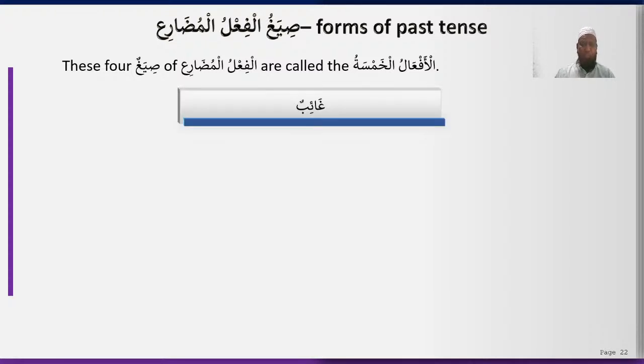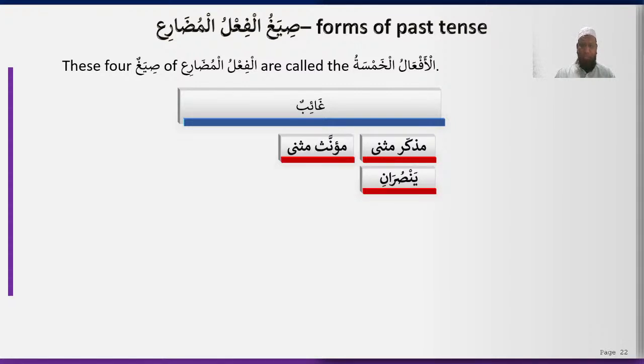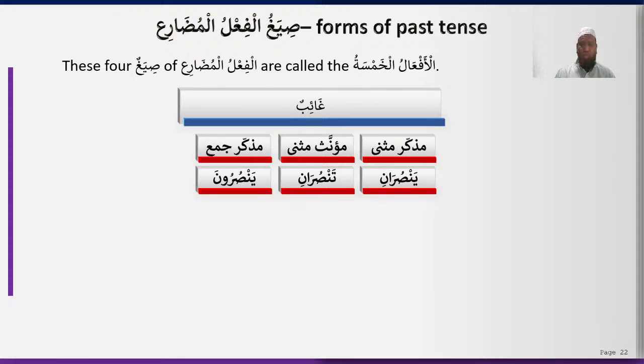Let's see. First, let's look at the غائب sigas. The غائب sigas for مذكر مثنى ينصران, مؤنث مثنى تنصران, and مذكر جمع ينصرون.